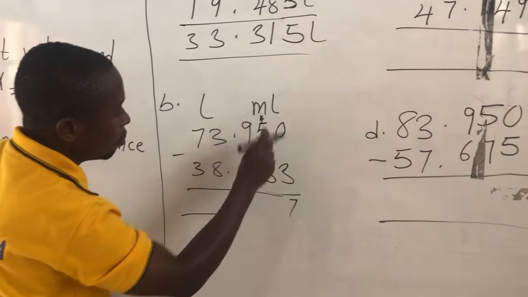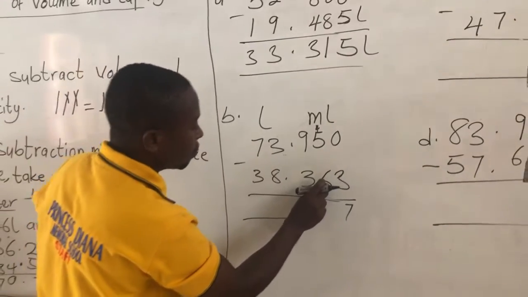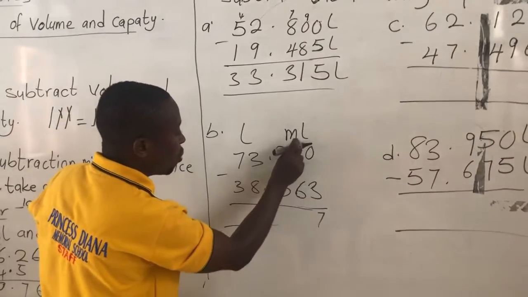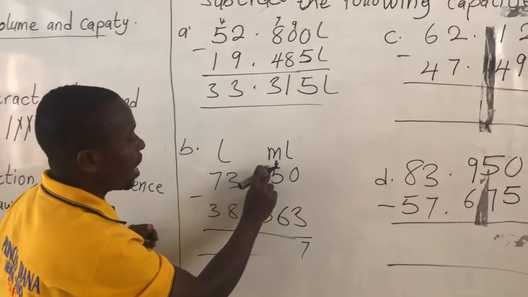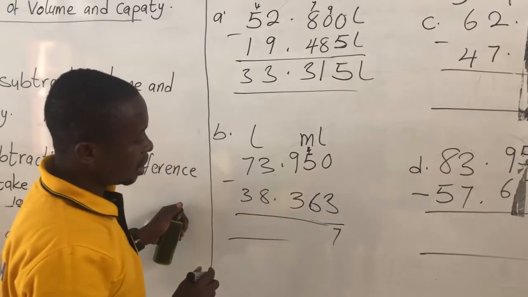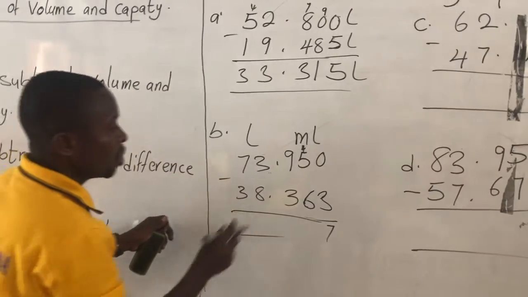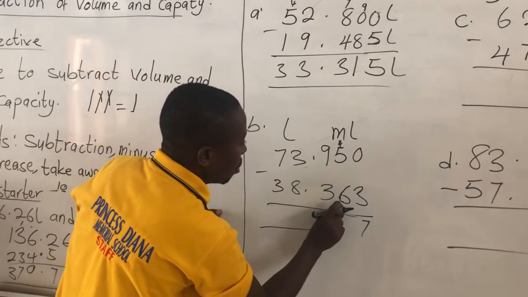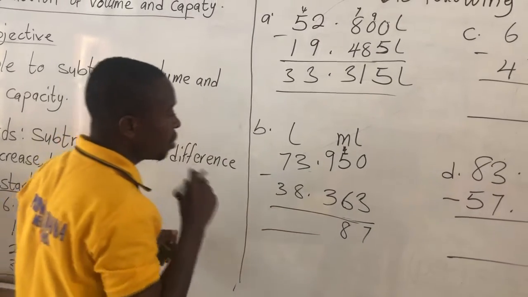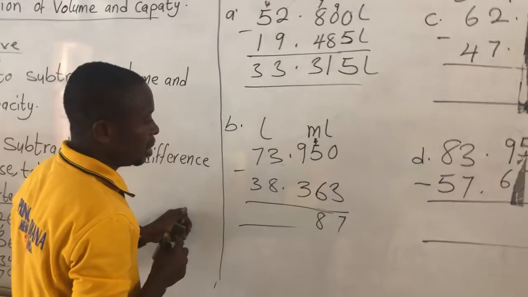So 4 minus 6 cannot. We cannot subtract 6 from 4, so we come to the 9 to borrow 1 from the 9, adding to the 4, making 14. So 14 minus 6 will give us 8.